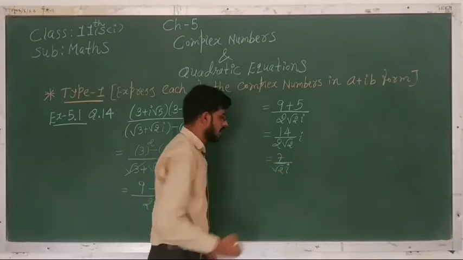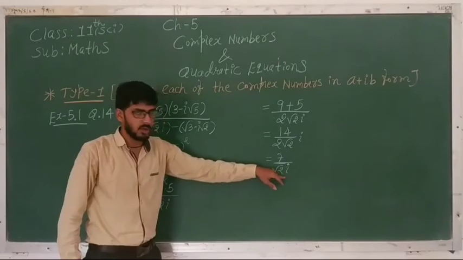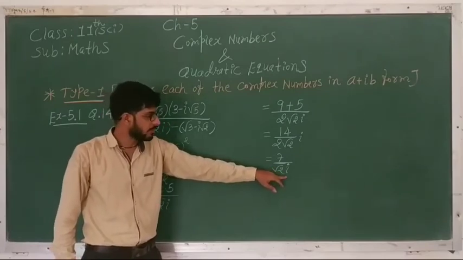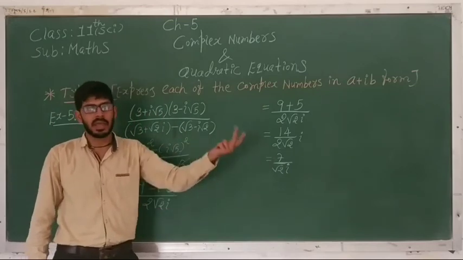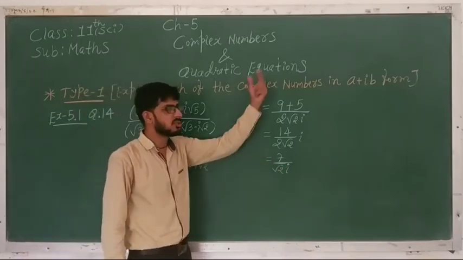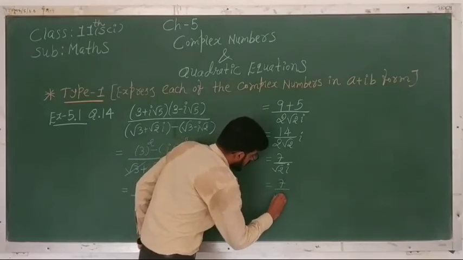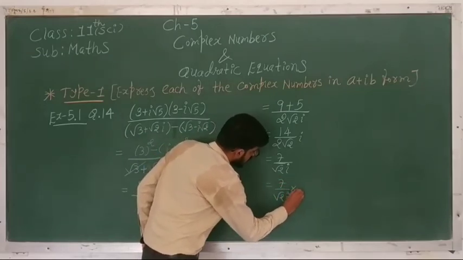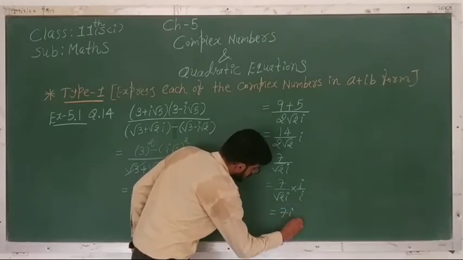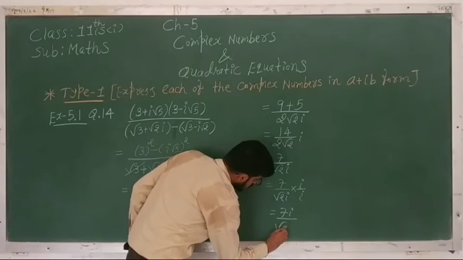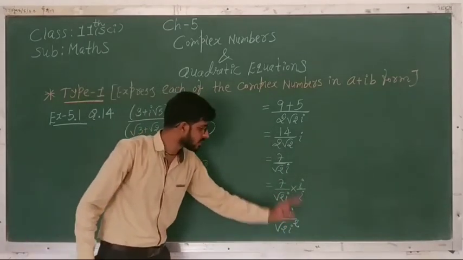Now see, i is in the denominator. Again I will repeat, if i is in the denominator then we have to multiply and divide by i, because i is always kept in the numerator. So root 2i, multiply and divide by i. So it gives 7i upon root 2 i square, because i into i is i square.